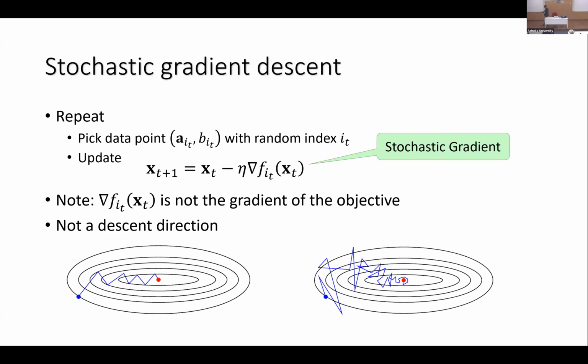If you run something like this, it will go all around the place. Sometimes even the function value may increase. And our goal is that ultimately this will converge to some point, which is supposed to be the optimum. This is why we are trying to use stochastic gradient descent. And for this, I will give you some intuition, about why this could happen.